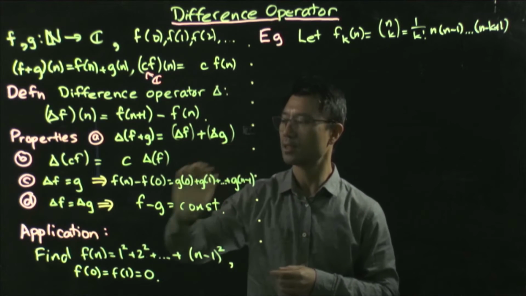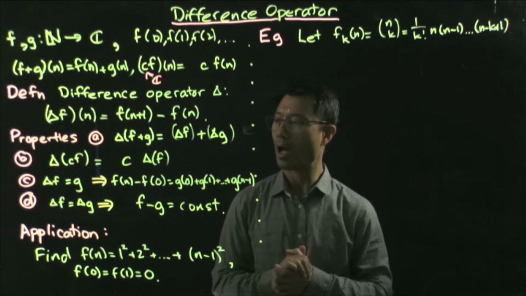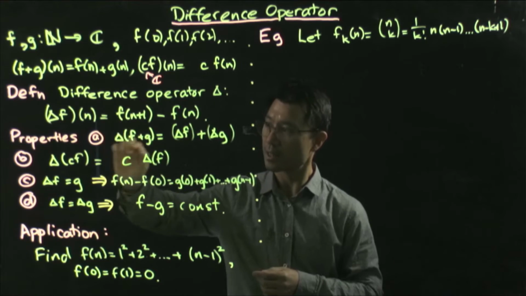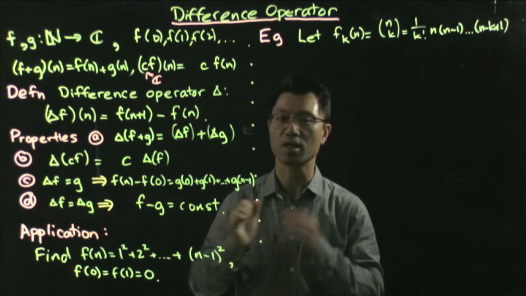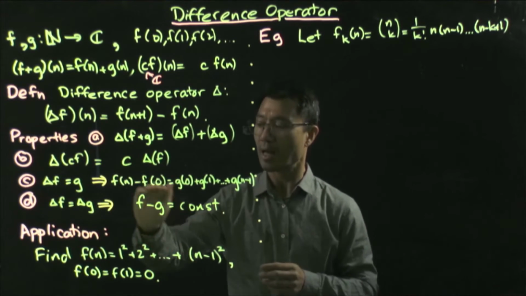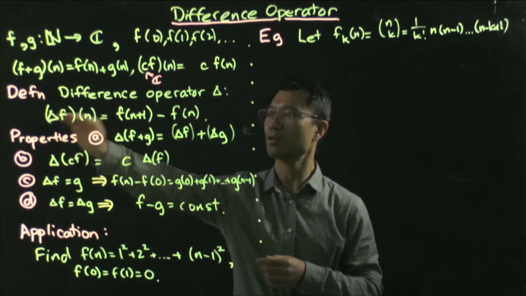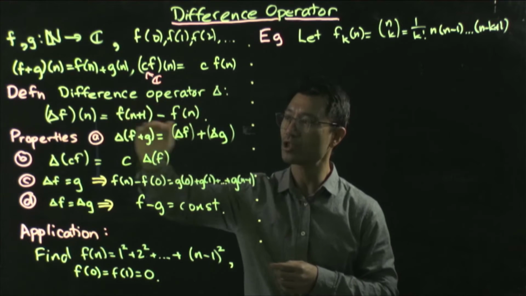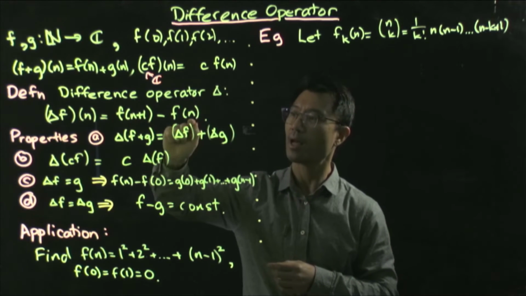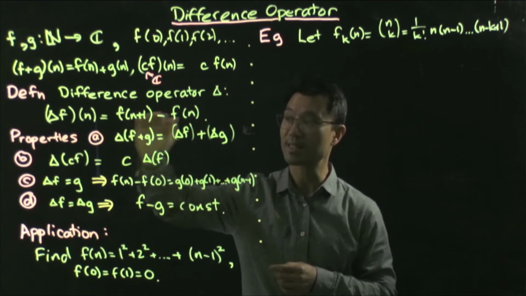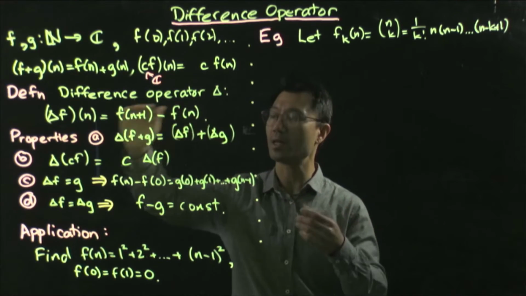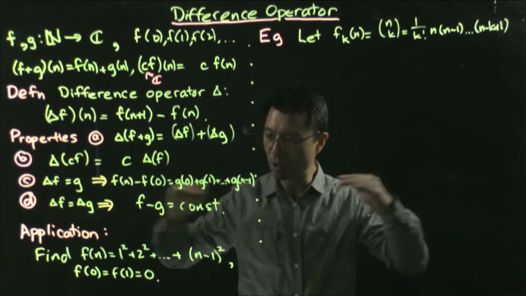So if the difference of the deltas is 0, then delta of f minus g equals 0. And what does delta of a function equal to 0 mean? It means that this term here is 0. That means that the nth term and the n plus first term are the same, and this is true for all n. In other words, they all have the same value, so it's constant.